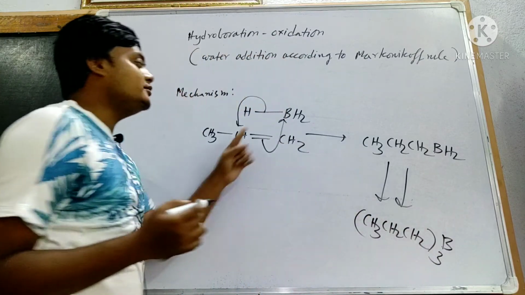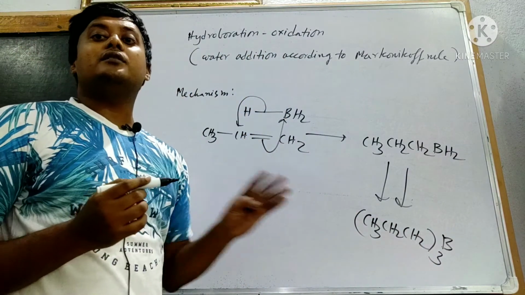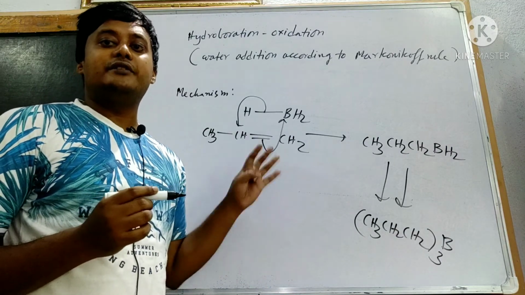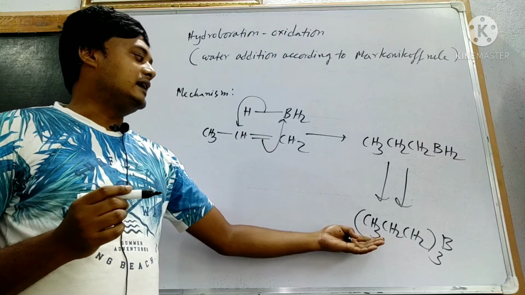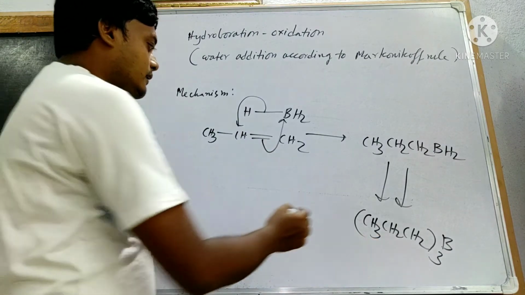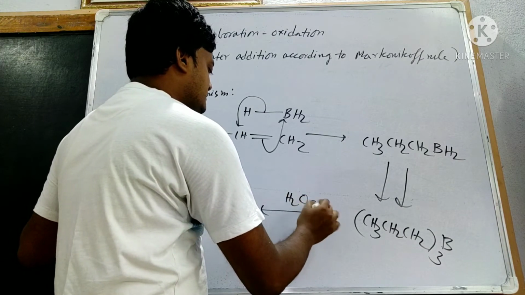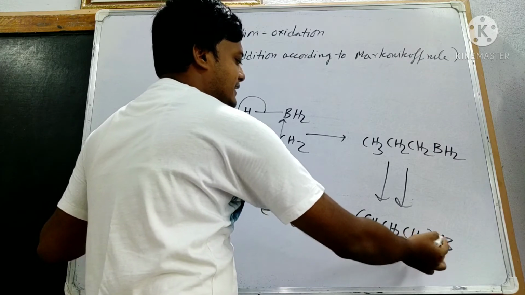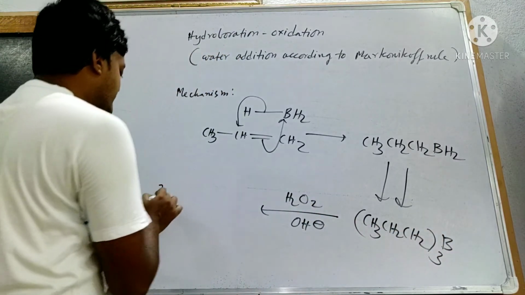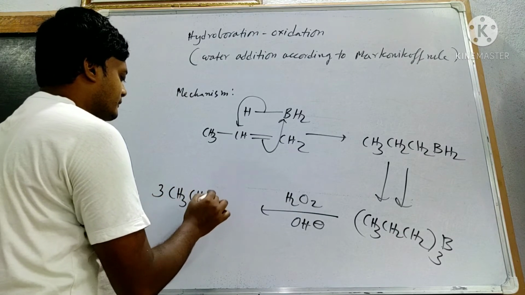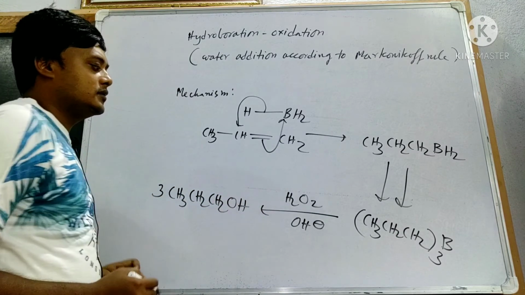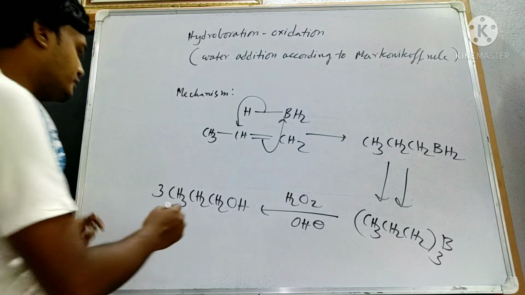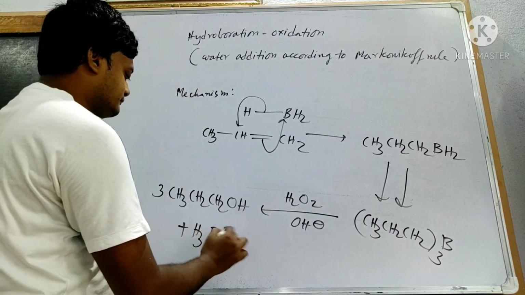That means all 3 hydrogens of BH3 are replaced by the propyl group. So 3 propene molecules react with BH3 and we get tripropyl borate. And the oxidation step is very simple. Just OH minus attacks the carbon and the C-B bond breaks, and ultimately we get 3 molecules of propanol. The byproduct we will get is H3BO3.